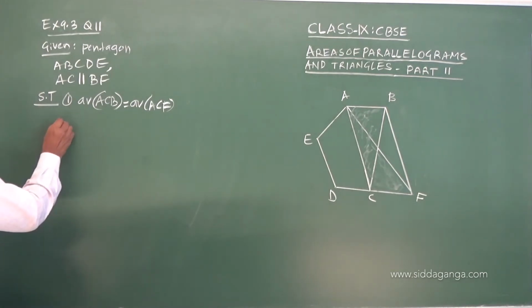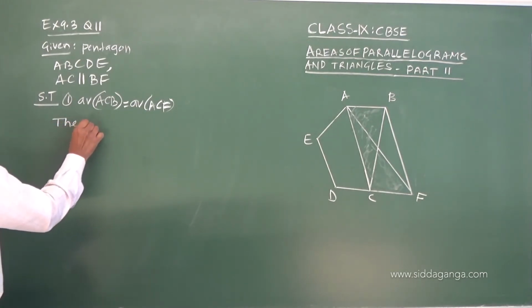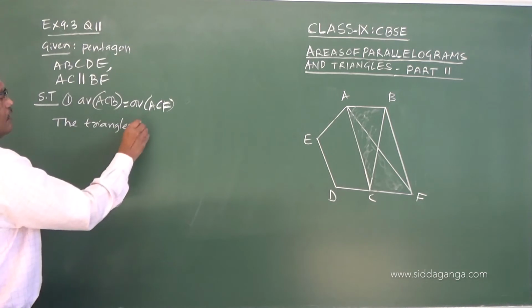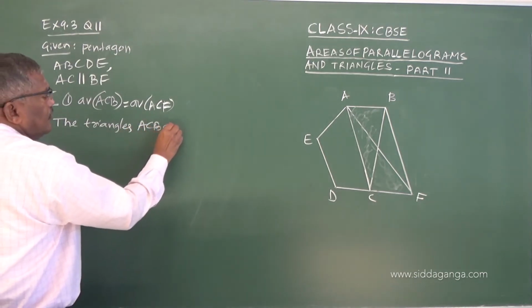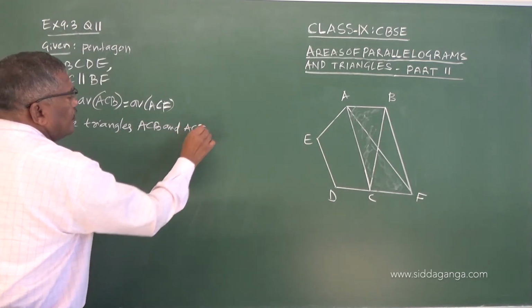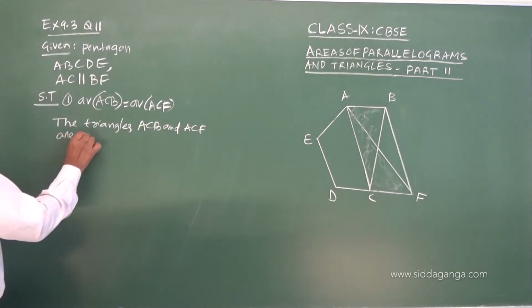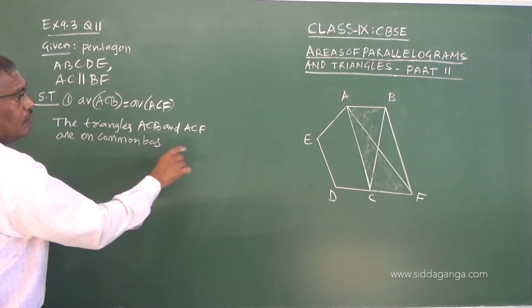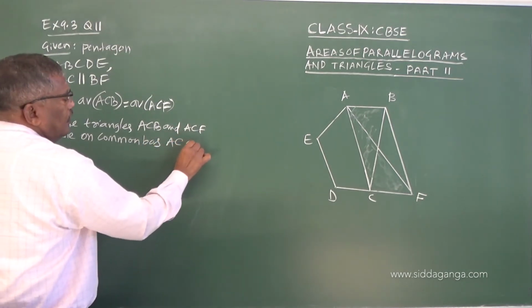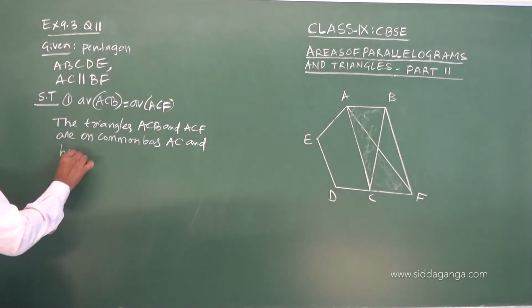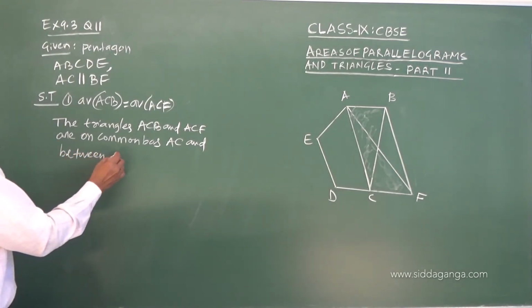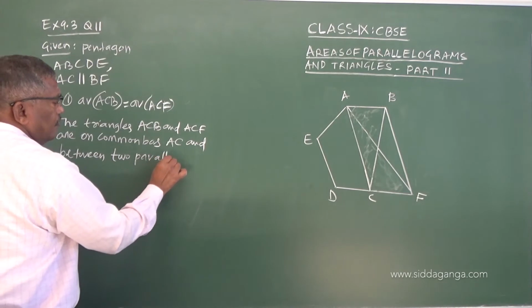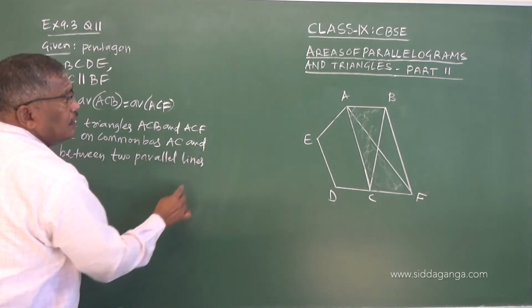So, the triangles ACB and ACF are on common base AC, and between two parallel lines AC and BF.